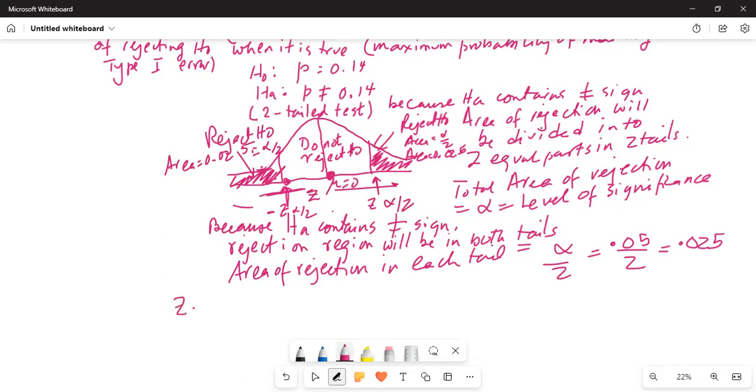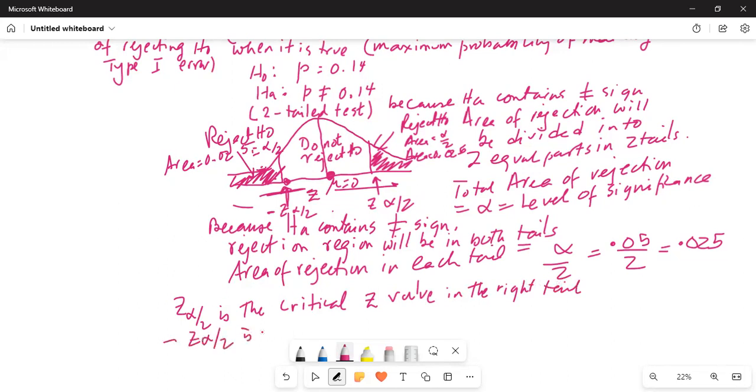Z alpha by 2 is the critical Z value in the right tail, and minus Z alpha by 2 is the critical Z value in the left tail.